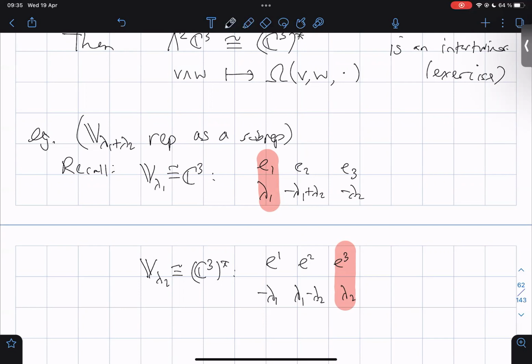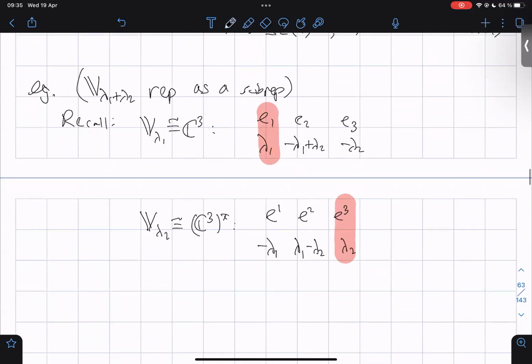So you could ask, when I take a tensor product, what is going to be a highest weight there? Well, it's just going to be the tensor product of the two highest weight vectors.